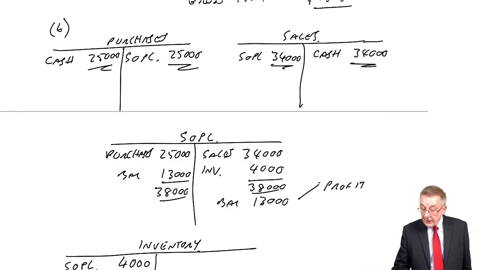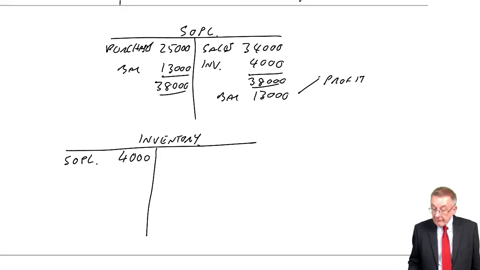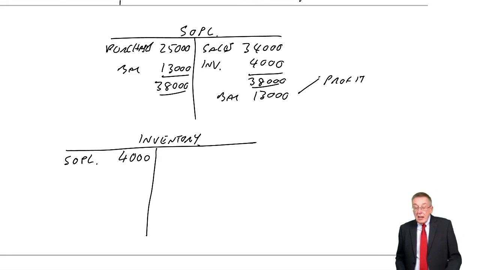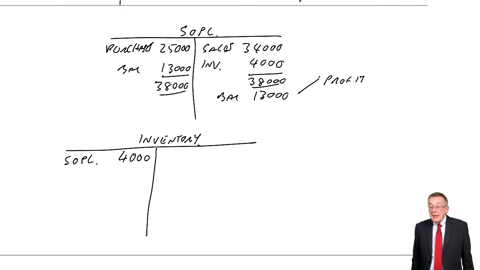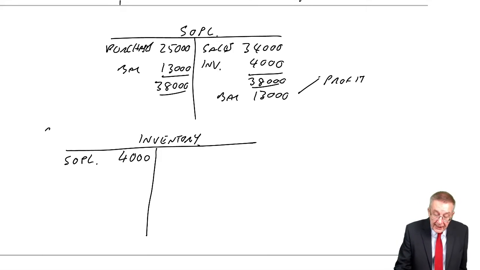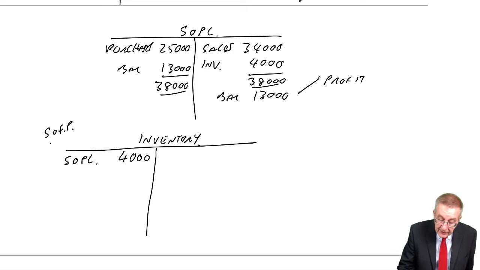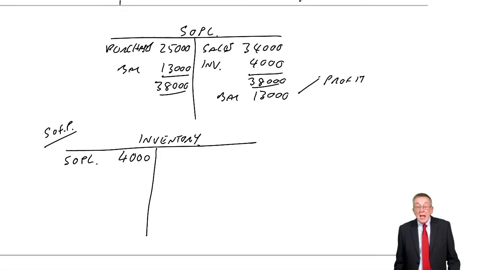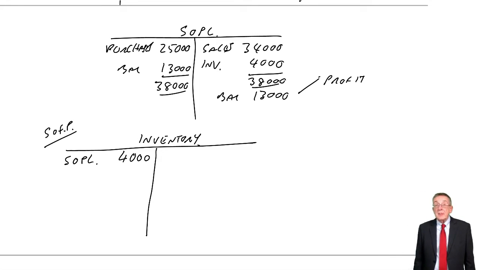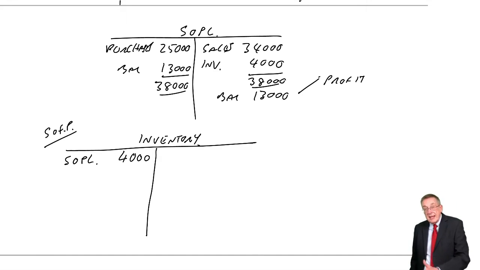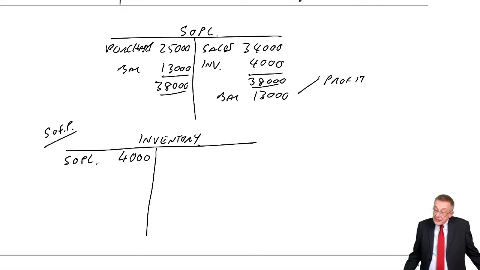We know, 13,000. What about inventory? Well, with a debit balance, an asset, we'll list it as a current asset in the statement of financial position, and as always, we'll leave the balance there. So it's that one entry at the end of the year, and it makes everything right.